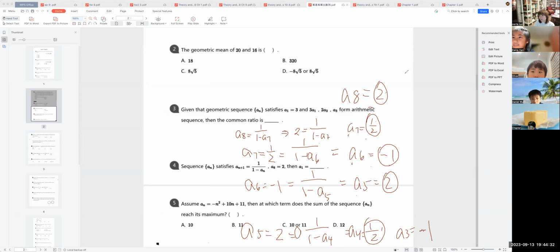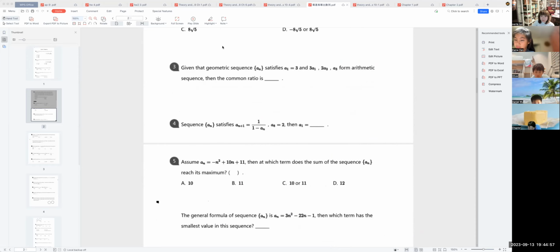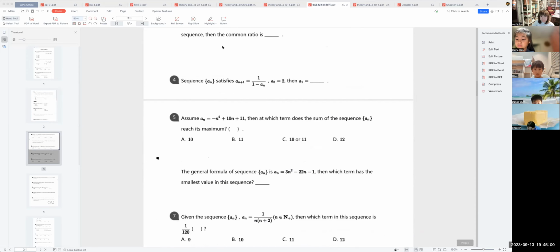Negative 1, yes. So A2 equals what? 2 and A1 equals what? Half. Get it? So you can find the pattern for that. So there are 2, half, negative 1, 2, half, negative 1, 2, half, and then there's no negative 1 because this one doesn't have an A0. Get it? 是不是一步一步来就出来了？Correct?